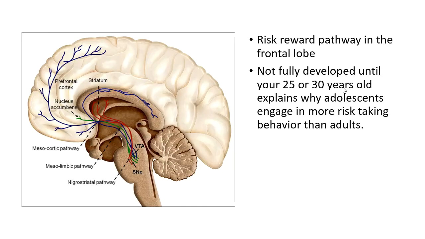One of the cool things to think about is that research has said this pathway is not fully developed until you're about 25 or 30 years old. This is why adolescents take more risks than middle-aged and older adults, because their risk reward pathway is not fully developed, so they may make poorer decisions than their older peers.